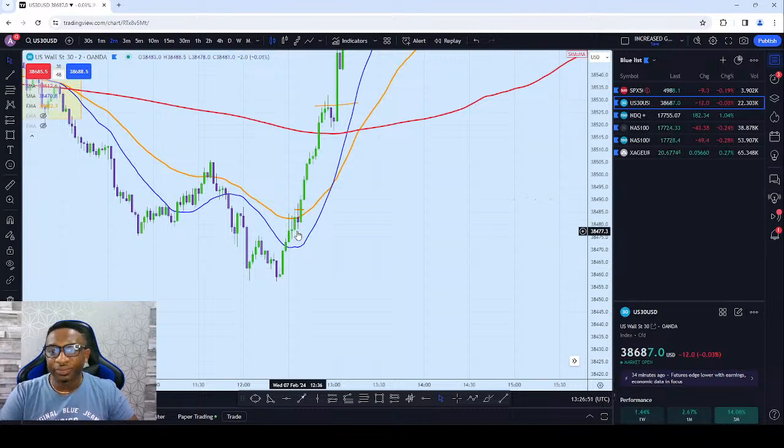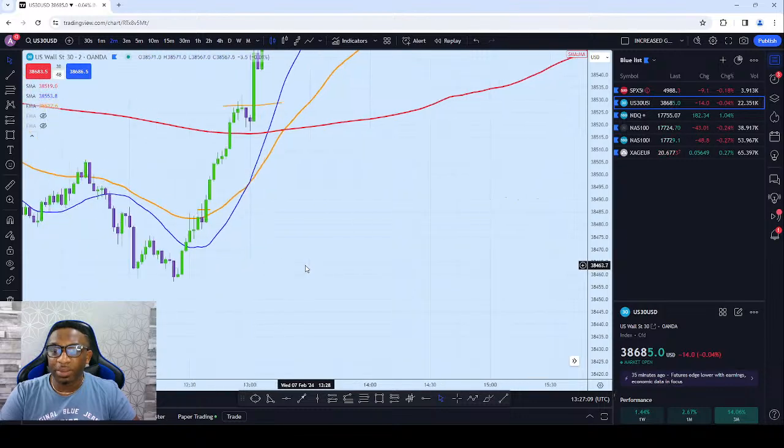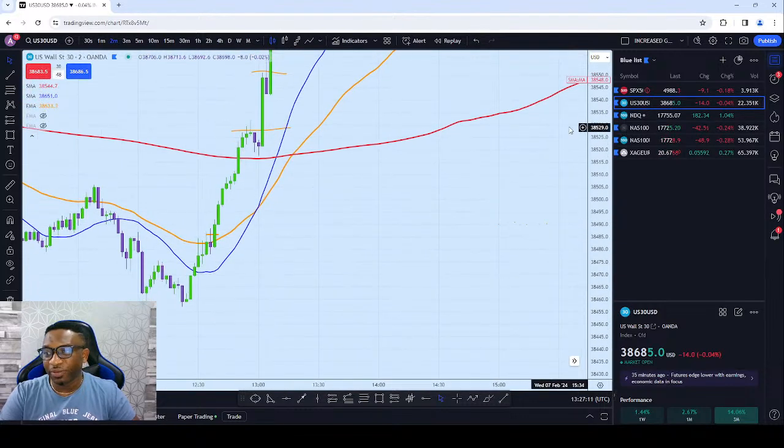So here the trend was down and the price crossed above the 20 moving average. That's the simple moving average. Price crossed above it.